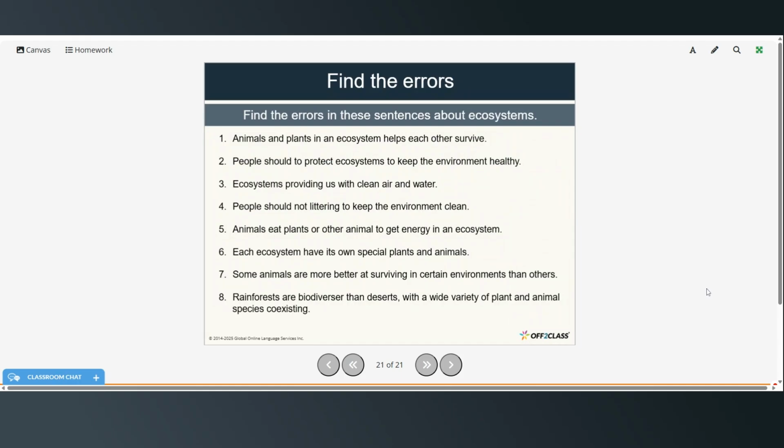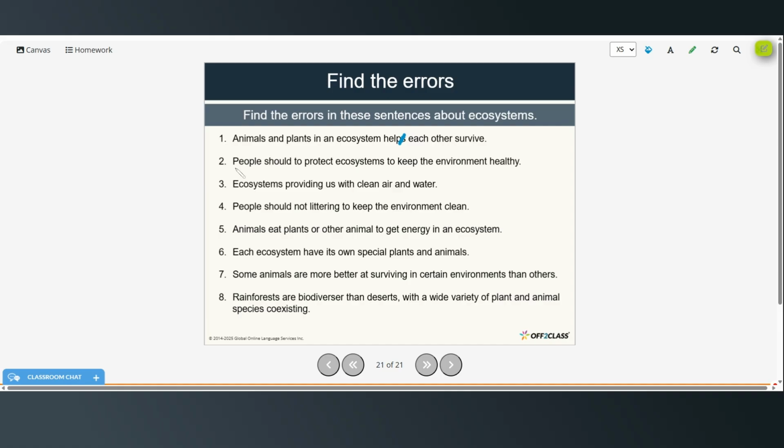All right, now pause the video and see if you can find the errors in these sentences about ecosystems. Okay, animals and plants in an ecosystem helps each other survive. Well, so we have animals and plants, so we don't need the S on help.